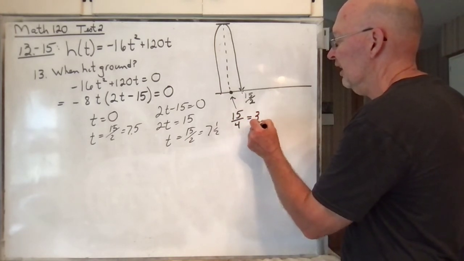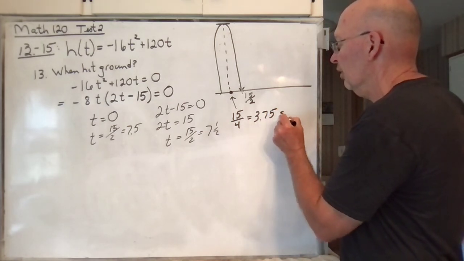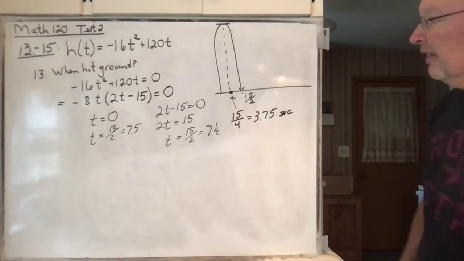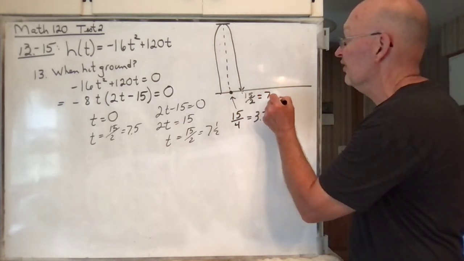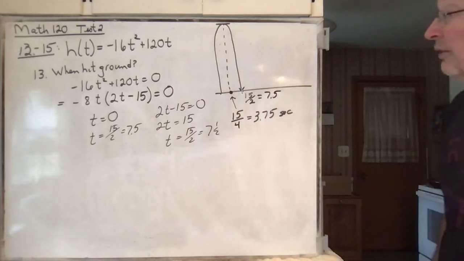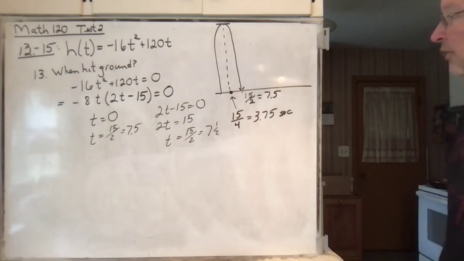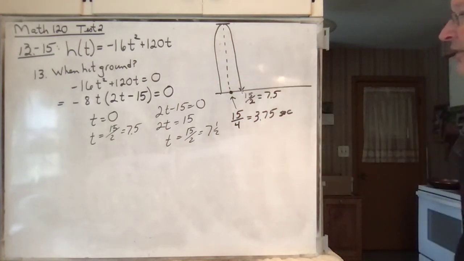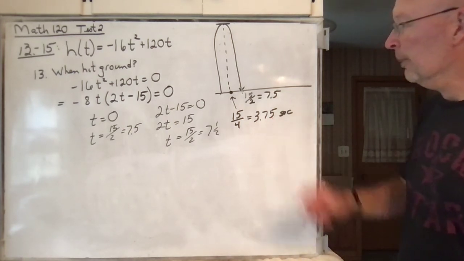It goes in 3 times, and you have 3 left over. 3/4 is .75. So 15 fourths, which is 3.75 seconds. This right here is 7.5 seconds, that's when it hits the ground. So right here at 3.75 seconds is when it gets to the maximum height. There's your answer.